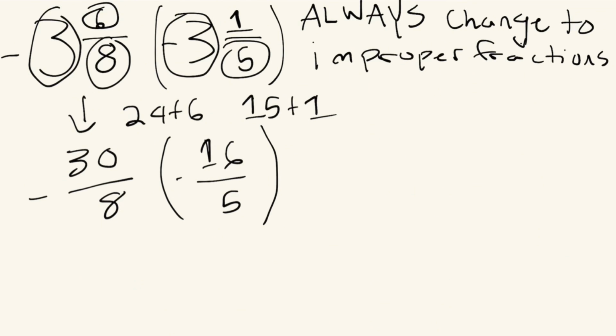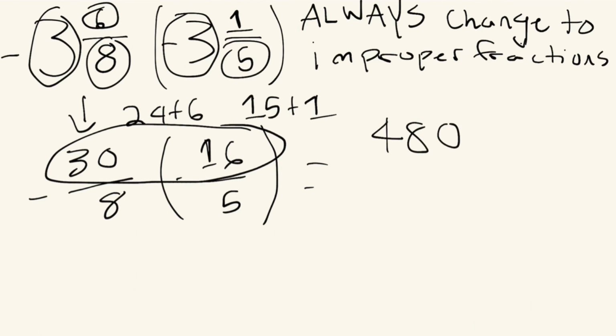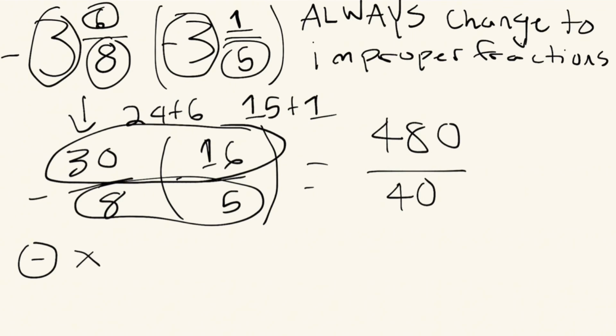Now we can just multiply straight across like we normally do. So 30 times 16 equals 480. Now we have 8 times 5, which equals 40. Now we look and we see it's a negative times a negative.